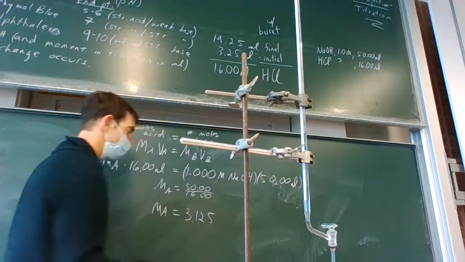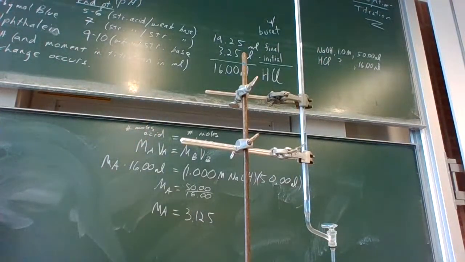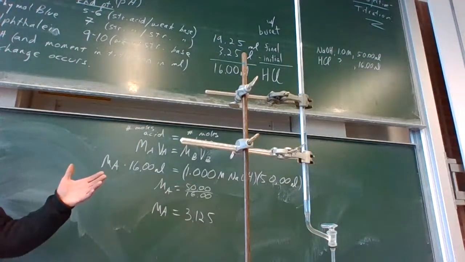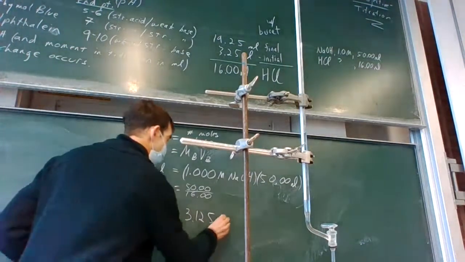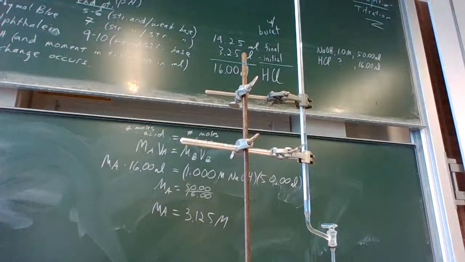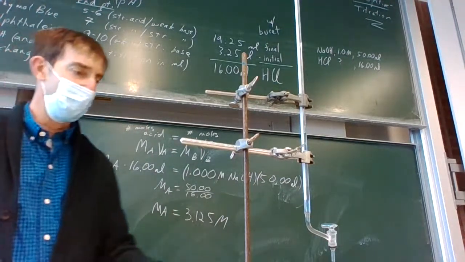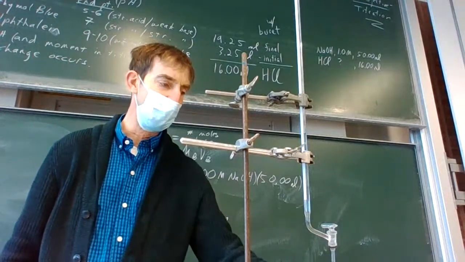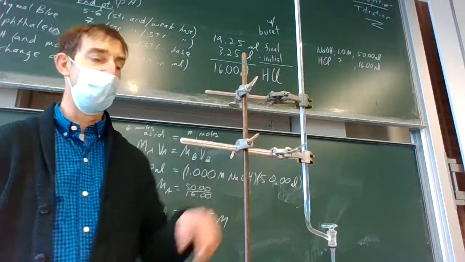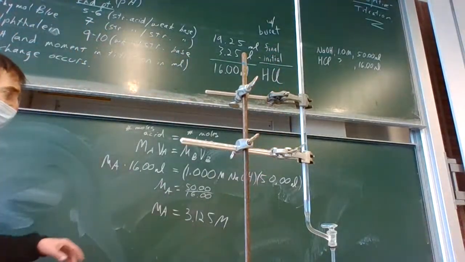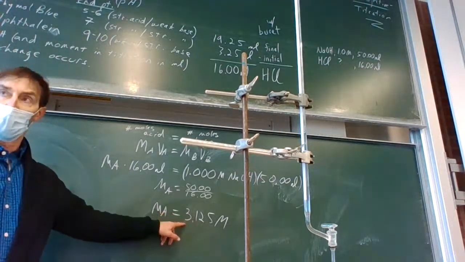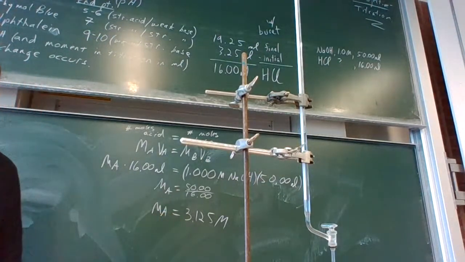And the concentration is going to be in what label at the end of the day? Molar. And if you think about it, it makes sense because I really did put around 50, a fair amount of base in there, and we used less acid than I thought. So the acid is actually more concentrated than I thought. In fact, it's about 3 to 1. It's quite a bit more concentrated.